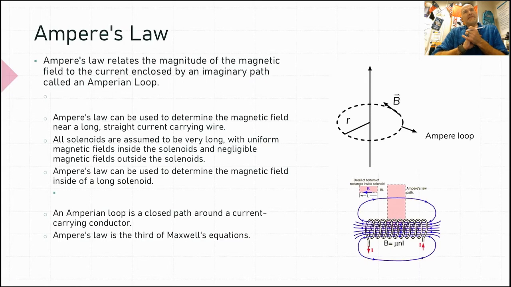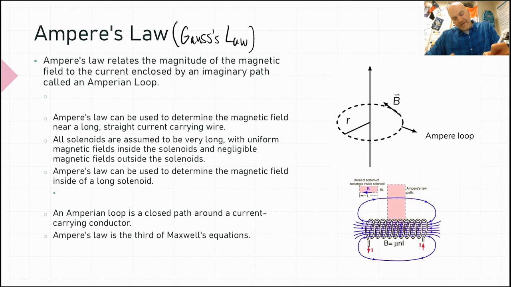It relates the magnitude of the magnetic field to the current enclosed by an imaginary path that we call an Amperian loop. Its equivalent that we've already talked about is Gauss's law, where we use the Gaussian surface to enclose charges. Now we're going to use a loop to enclose a current.